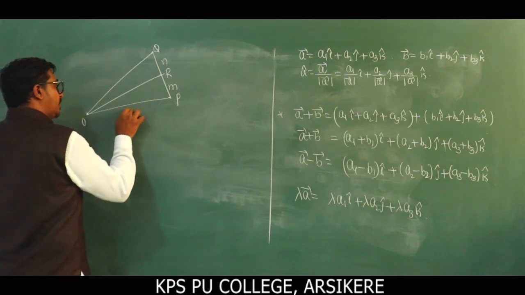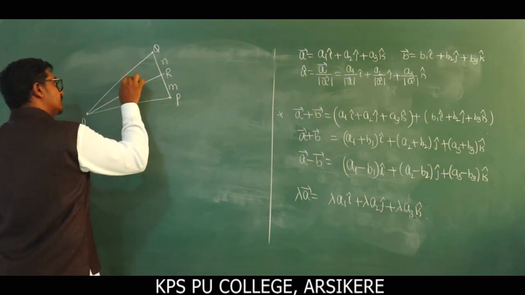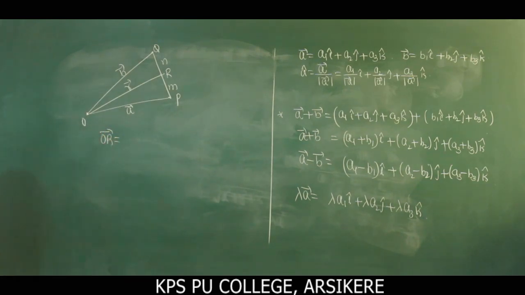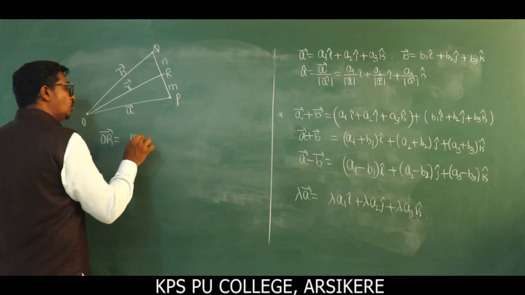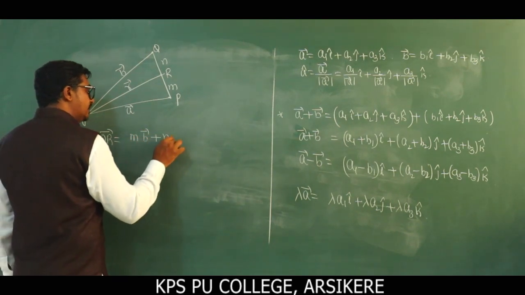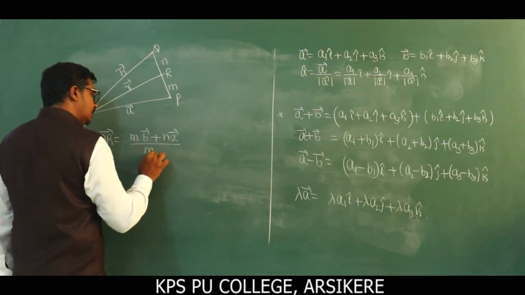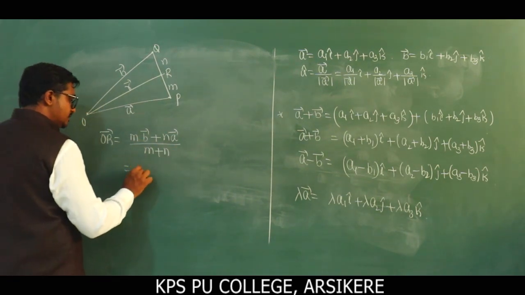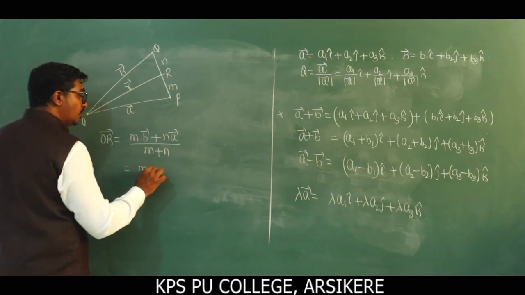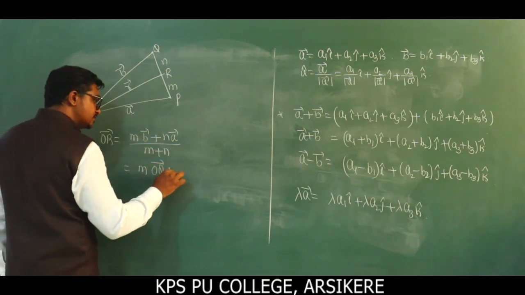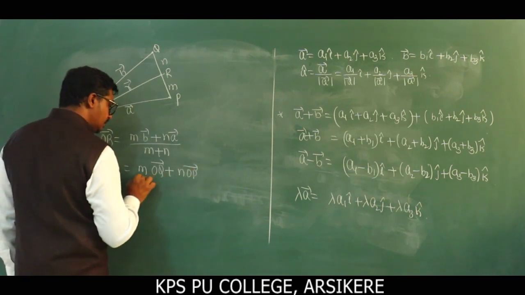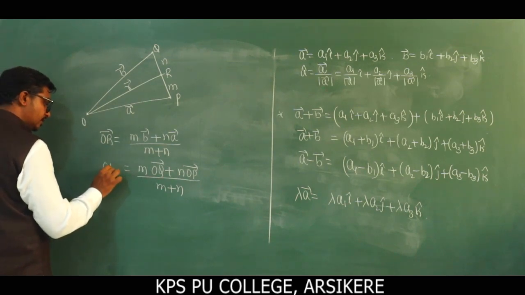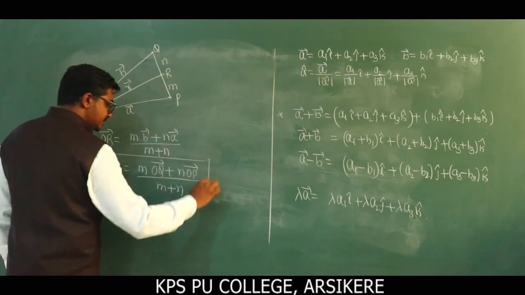So position vector of the point P is A, this will be R, this will be B. Then vector OR, which divides in the ratio m:n, becomes m into vector B plus n into vector A divided by m plus n, or else this is m into vector OQ plus n into vector OP divided by m plus n. This is here vector OR. This is the section formula.